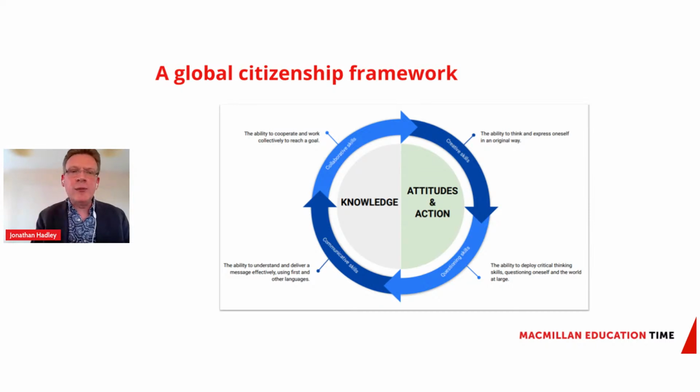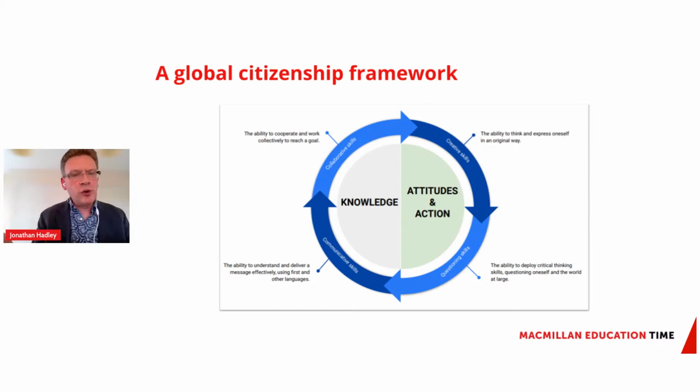And you'll notice on the framework, I've got 4 skills that are integrated within knowledge, attitudes, and action. For our students to be able to do those areas, they need certain skills. And I've labeled them as, at the top left, you can see collaborative skills. For students to be effective, they need to be able to cooperate and work with others to reach their goal.